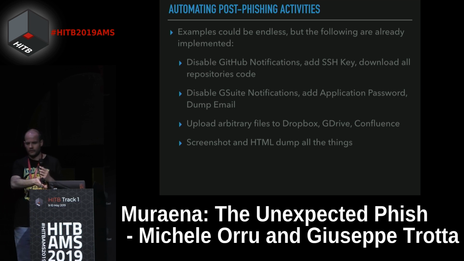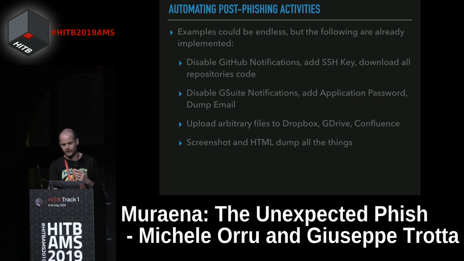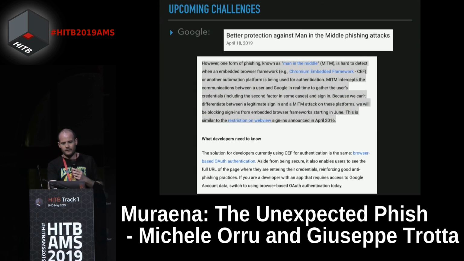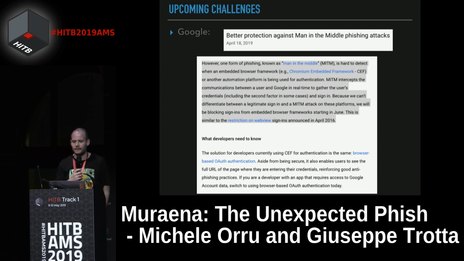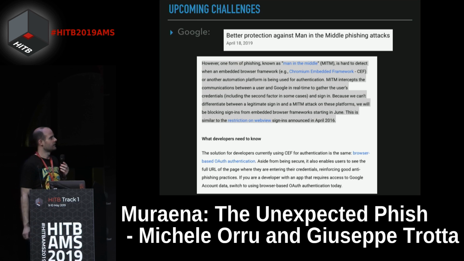These are all things that you can easily automate with Necro browser, for example, or any browser instrumentation. So, upcoming challenges: we saw this nice bold statement from Google, better protection against man-in-the-middle phishing attacks. We'll see if and when this is going to be implemented, and if it is going to make our life as attackers in offensive security scenarios more difficult. Probably, but we'll see.